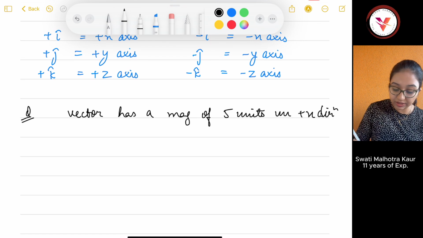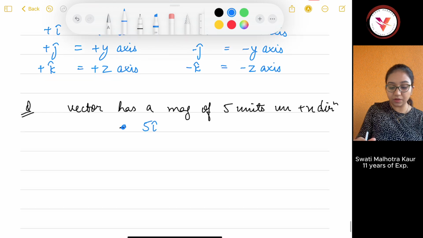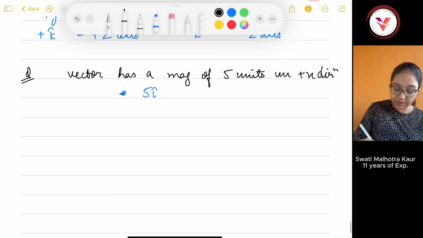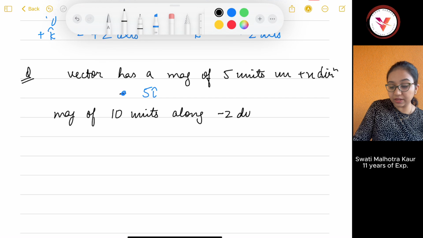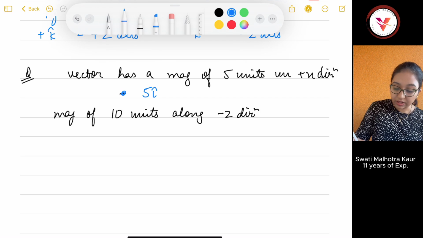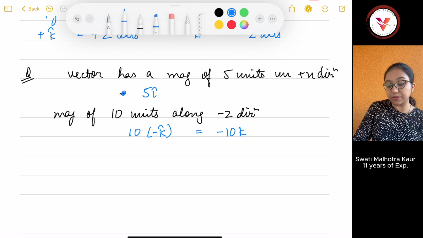Then how will you write its vector? It's simply 5 i cap, you don't have to write plus. Okay, if they say magnitude of 10 units along minus z direction, then how will you write? It's simply 10, but it's minus z, so it is minus k cap, then it becomes minus 10 k cap.